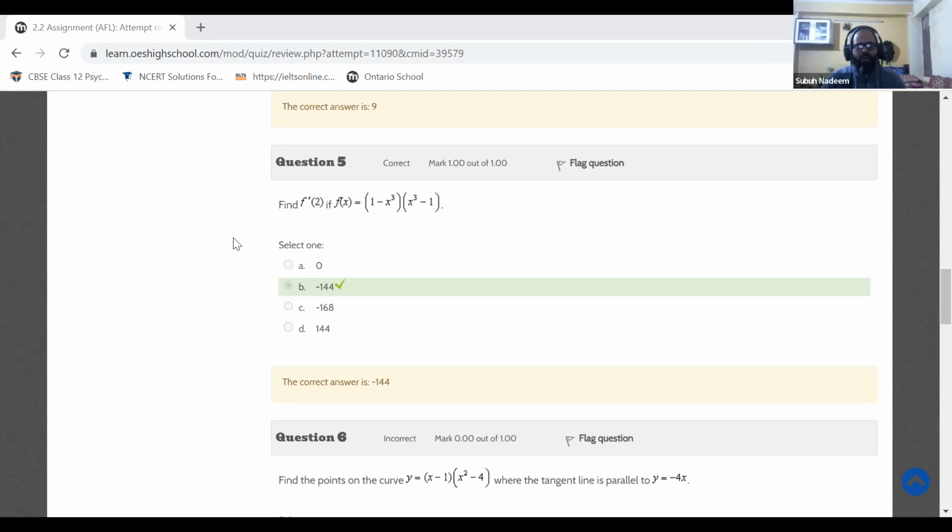You are not doing by any method. You are just doing by hook and crook. You can't differentiate like this. These are two functions which are getting multiplied. So you have to again apply the product rule. When you apply the product rule and differentiate, then you will put x is equal to 2 there. Are you getting my point? Yes, sir. Just try it once.